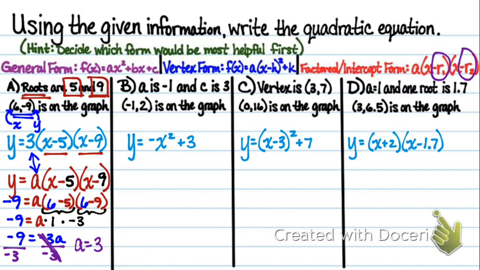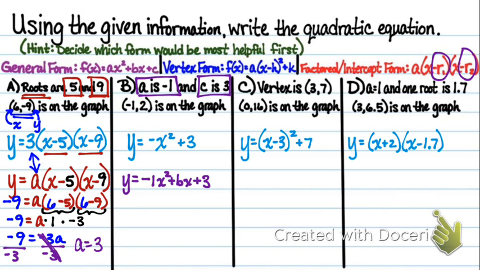Okay. Similar idea on part B. What did they tell me here? A is negative 1. What else did they tell me? C is 3. What form are they talking about if they're giving me A and C? General form. So I would have y equals negative 1x squared plus bx plus 3.